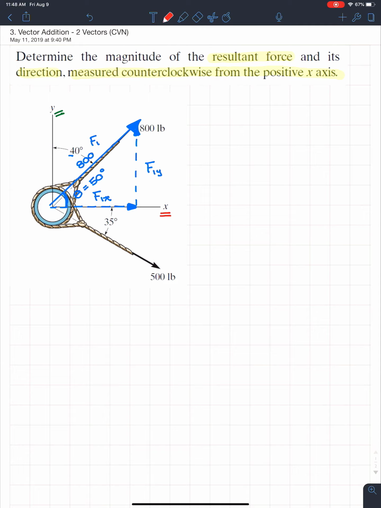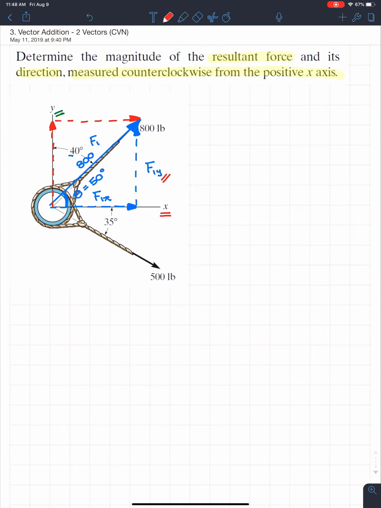It's always been standard for me, but you don't have to go that way. Keep in mind that the magnitude of F1y over on this side is going to be the exact same as if I went like this and had F1y coming up like this, and then F1x coming across like this.